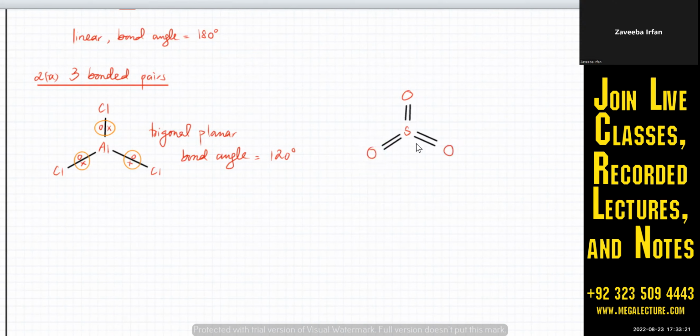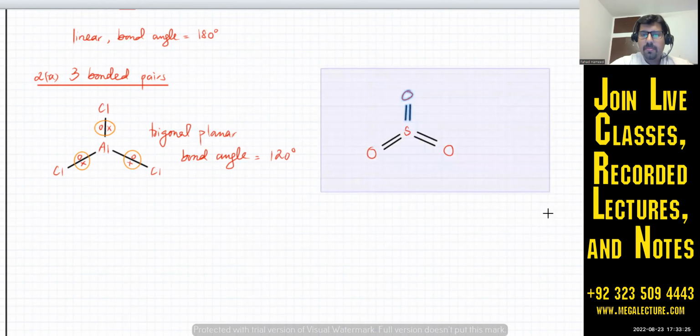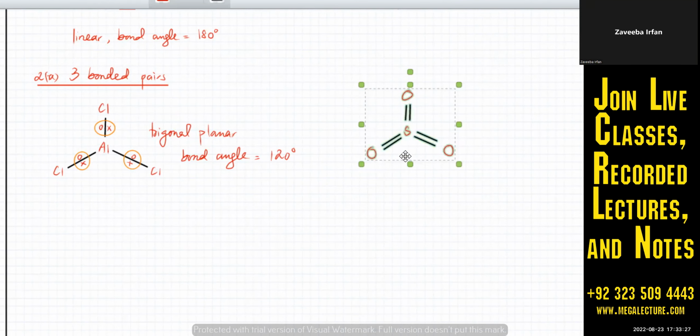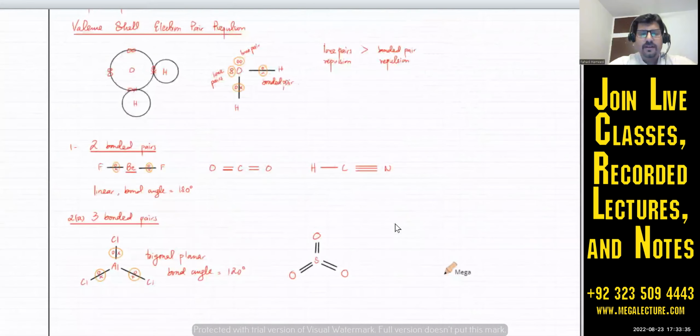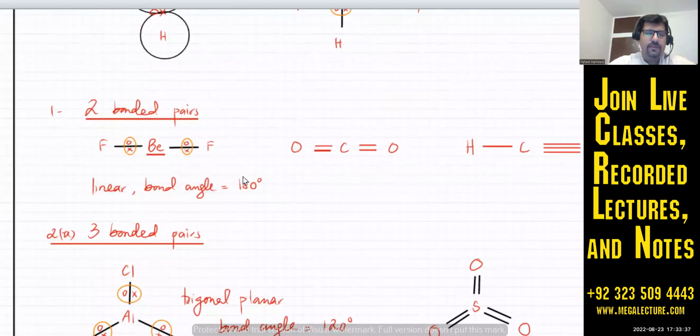How do I know the exact angle? Because of repulsion. Three bonded pairs have a 120 angle because of repulsion, and one bonded pair has 180 degrees. If there are two groups, they will try to be as far apart as possible because of repulsion.